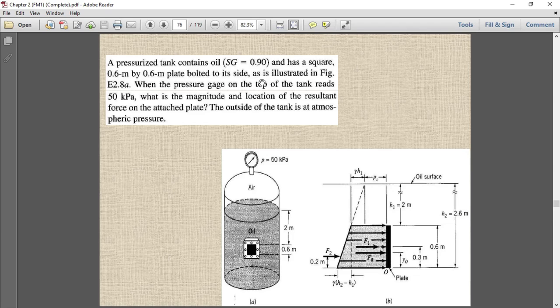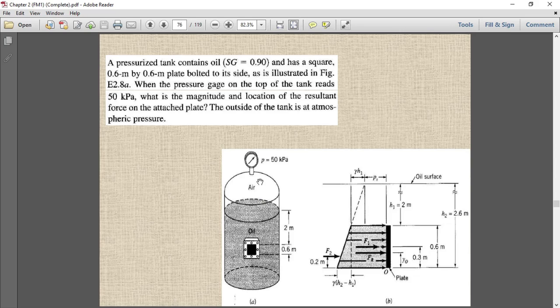As illustrated in the figure, when the pressure gauge on the top of the tank reads 50 kilopascal, what is the magnitude and location of the resultant force on the attached plate? The outside of the tank is at atmospheric pressure, while inside the pressure is different from atmospheric pressure.